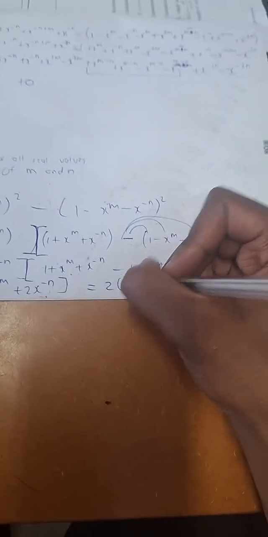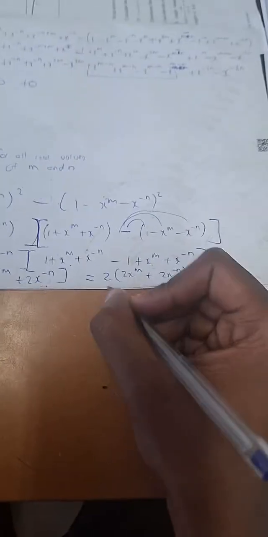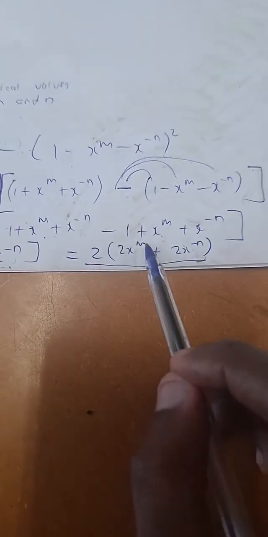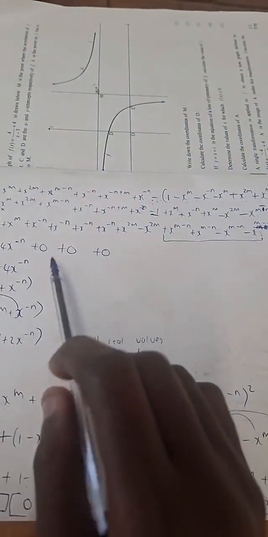That gives me 2. What is left inside this bracket? 2x to the power m plus 2x to the power negative n. There it is. This is divisible by 2 for all real values of m and n. Finished. So there's the long expanding.